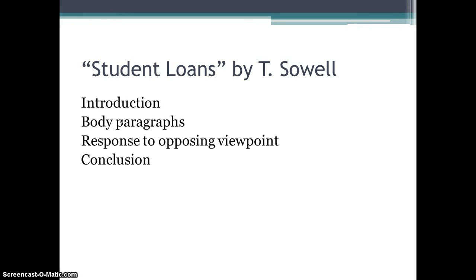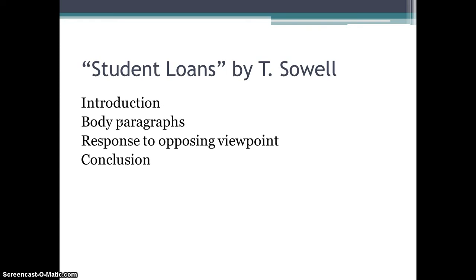The opposing viewpoint might speak to the idea that Sowell does have some valid concerns about the motivations of politicians, as well as the concern for overspending. But we could also then come around and say that these concerns are limited and they don't look at the entire picture. That would be a fair thing to say.